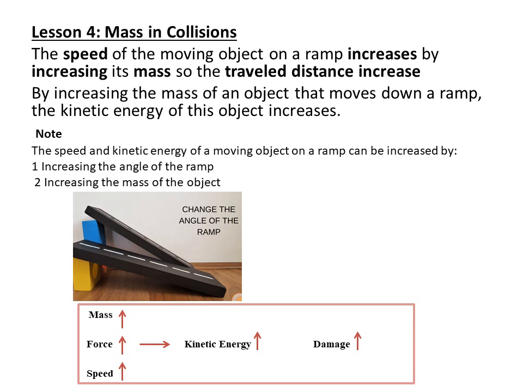It means fast objects have more speed and more kinetic energy and take less time. So the more the slope is inclined, the more the speed increases, the more the kinetic energy increases, and the more the time taken decreases.